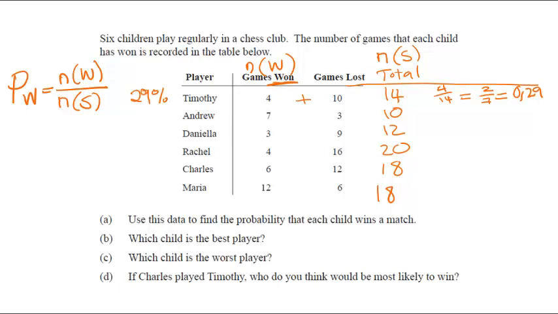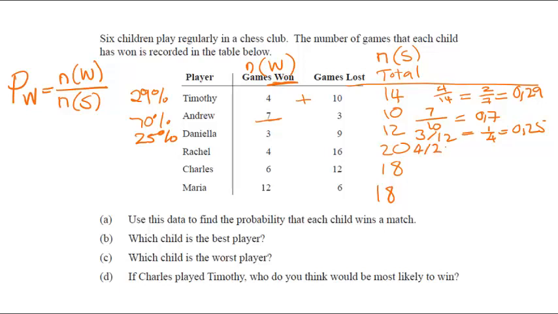The probability of Andrew winning is going to be 7, that's winning, over 10, that is total. That gives me a decimal of 0.7 or a percentage of 70% chance of winning. The probability of Daniela winning, 3 over 12, which simplifies to 1 over 4, and it's a decimal of 0.25 and a percentage of 25%.